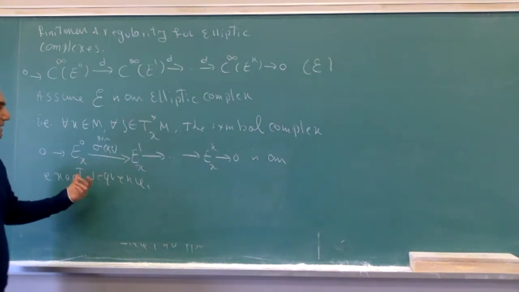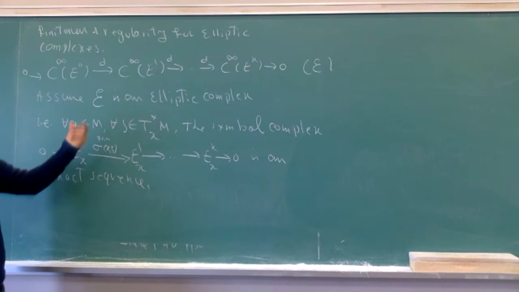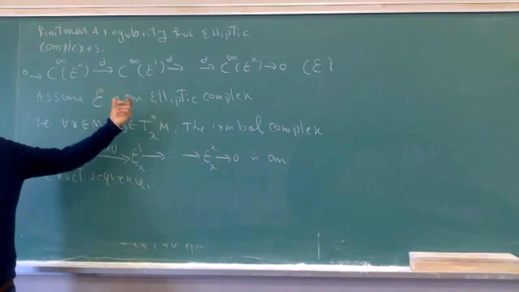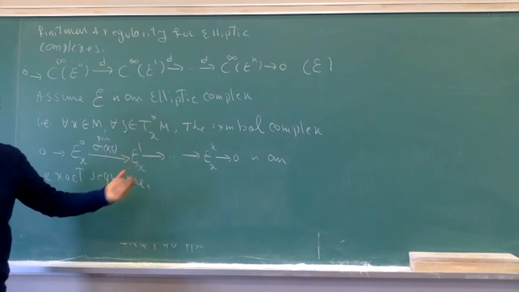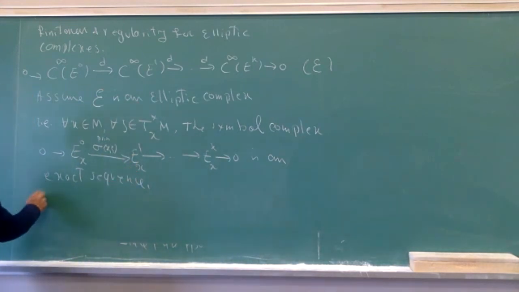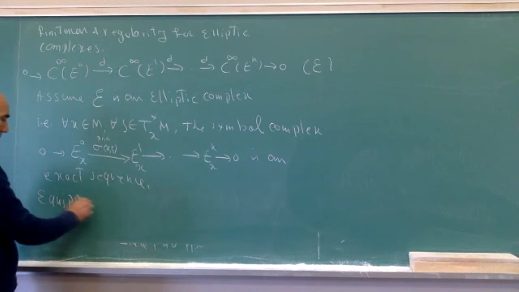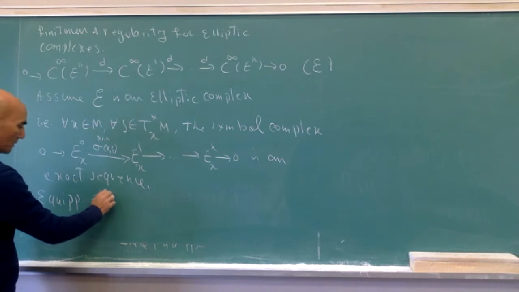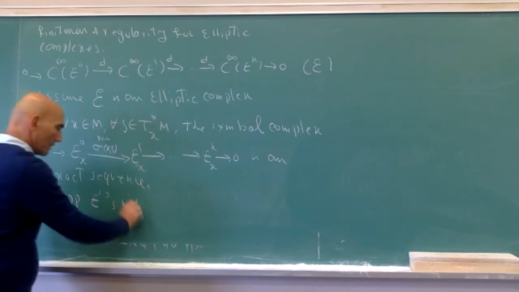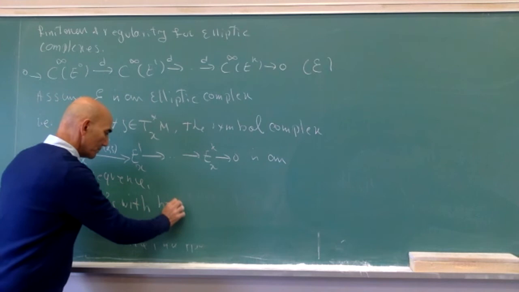One of the things is that now we can equip these bundles with Hermitian metrics, and we can equip M with a Riemannian metric. So equip the E_i's with Hermitian metrics.